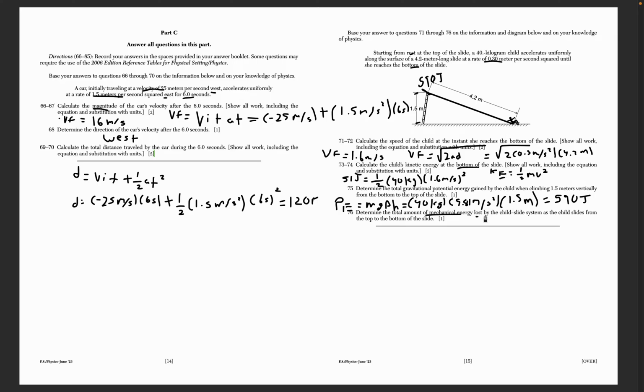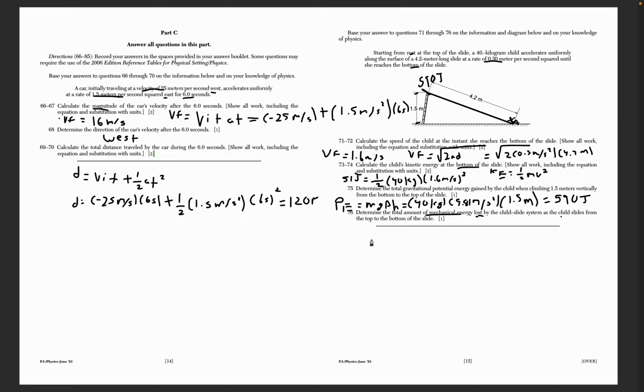But since we're asking for the mechanical energy lost, the kinetic energy at the bottom is 51 joules, and the gravitational at the top is 590, so they wouldn't be equal. So what you would have to do is get the gravitational potential energy and subtract the kinetic energy to determine the mechanical energy lost.